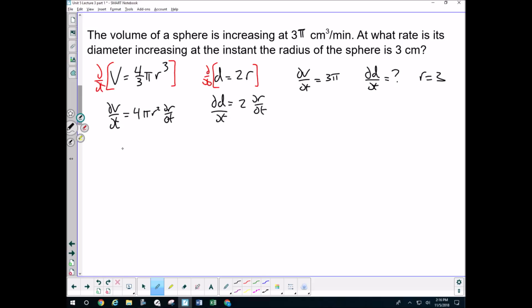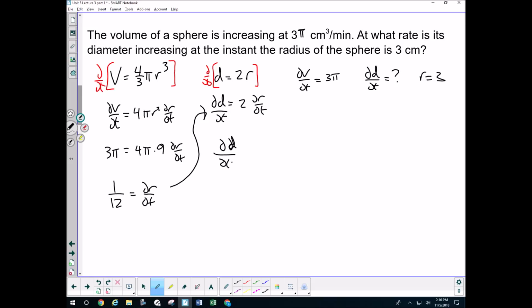So yeah, r is 3, dV/dt is 3 pi. Okay, so 4 pi times 9 dr/dt. Divide by 36. It's 1/12. Dividing, the pi's cancel. That goes here.